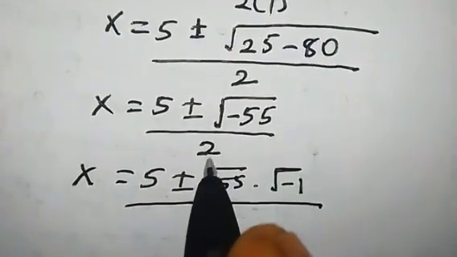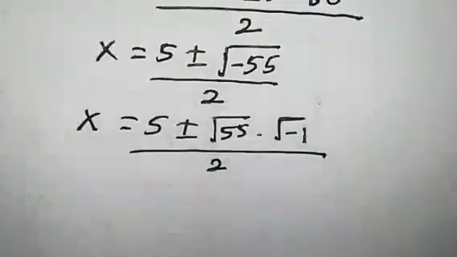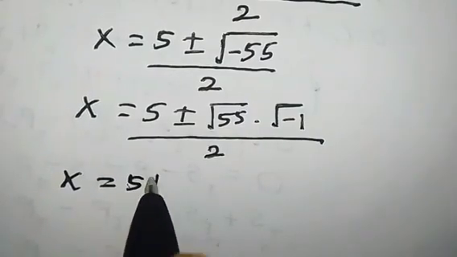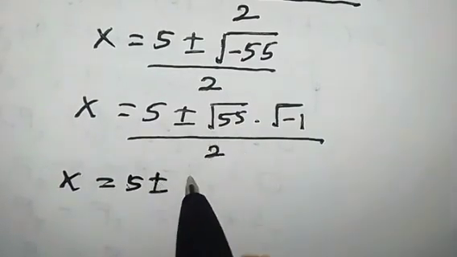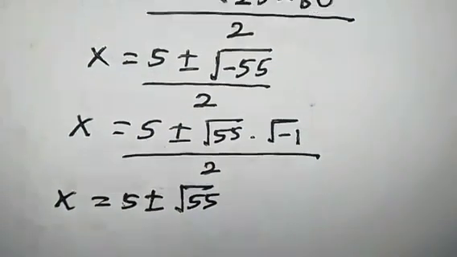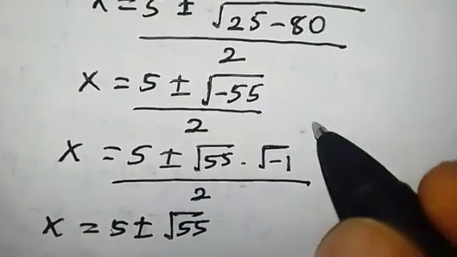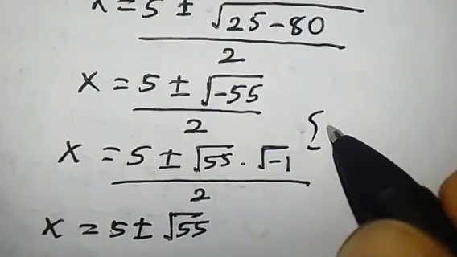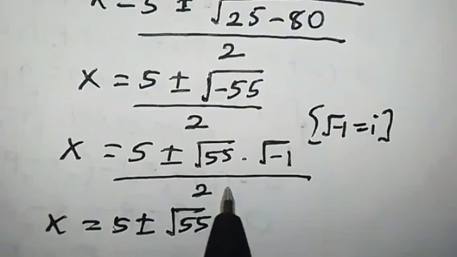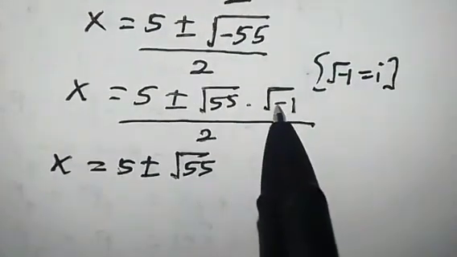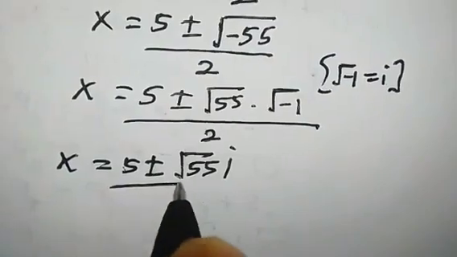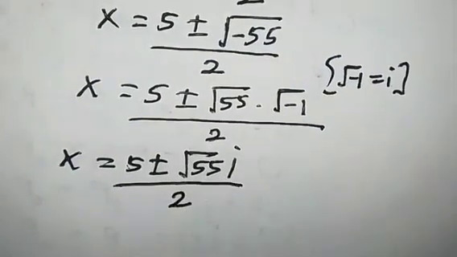Everything divided by 2. But recall that from complex numbers, we know that square root of negative 1 is equal to i. So we have to replace this square root of minus 1 with i. So we have i here, all divided by 2.